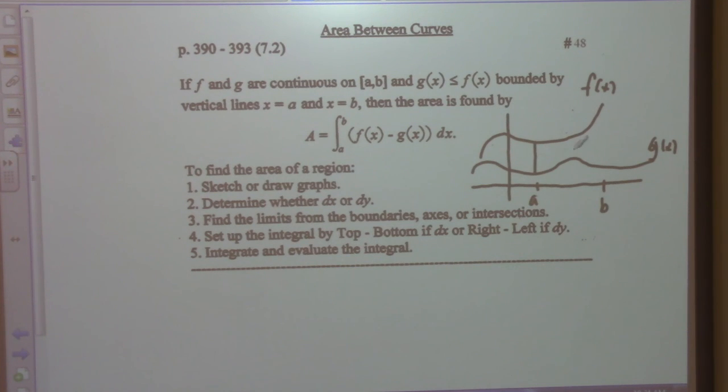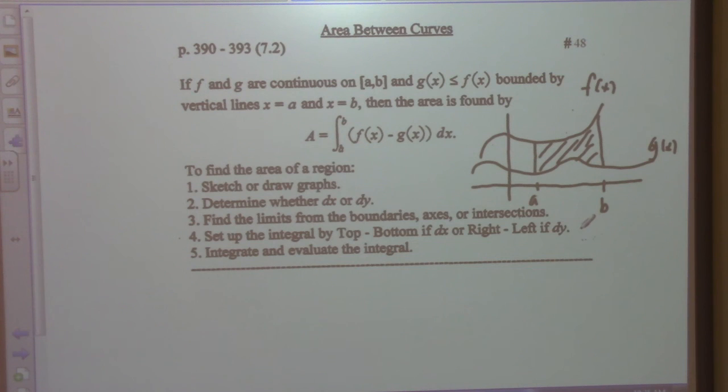You're trying to find this area. Basically you're taking your limit from a to b of f of x minus g of x, and that's what that is.